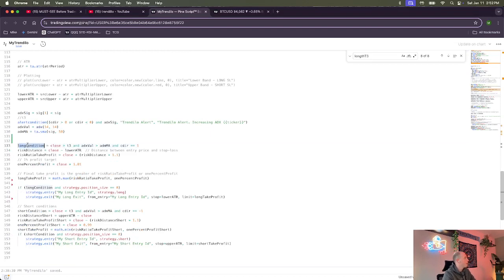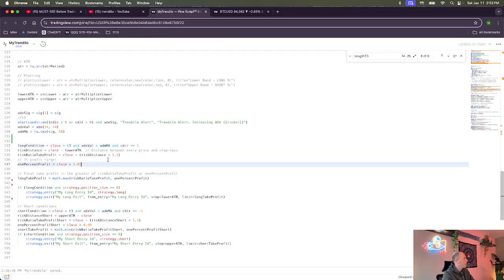The long condition is that the close is above the T3, the ADX value is greater than the moving average, and the Trendilio is green, which in this case is coded as this variable being 1.